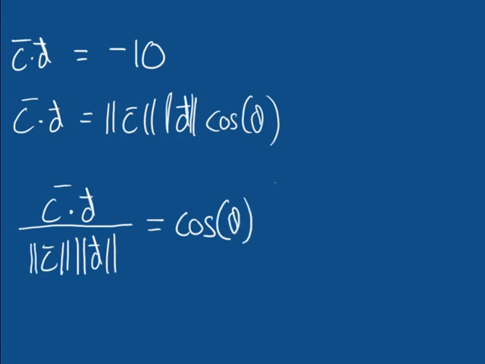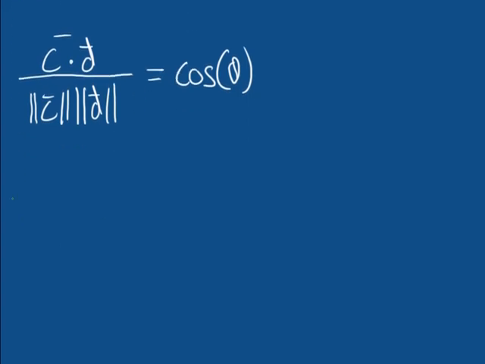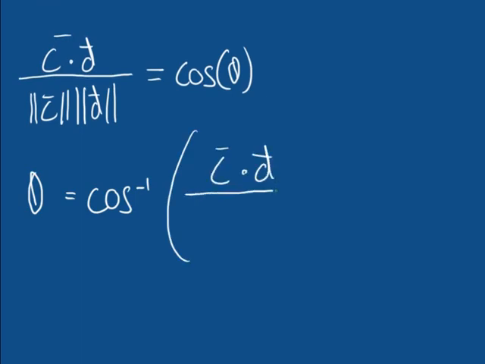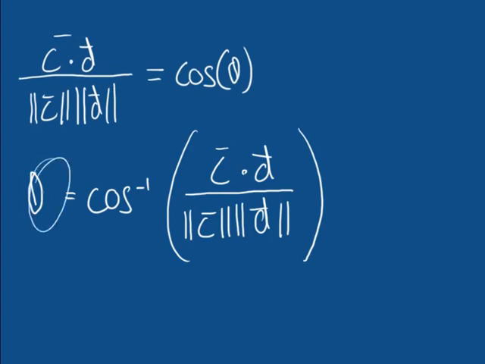And then we can apply our inverse cosine trigonometric function to find that angle theta. So theta is equal to the inverse cosine of c dotted with d divided by the magnitude of c multiplied by the magnitude of d. So we can rearrange that dot product definition to find our angle theta.